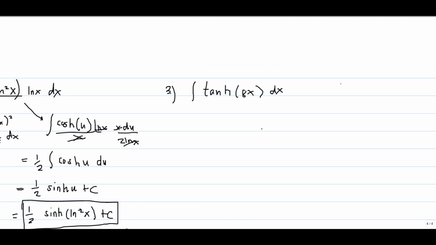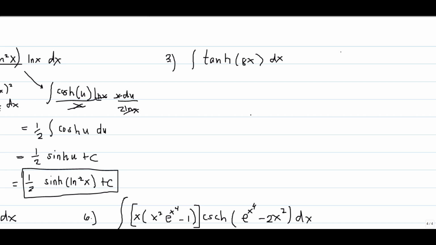Another problem, number 3. What is the antiderivative of the integral of tanh of 8x dx?